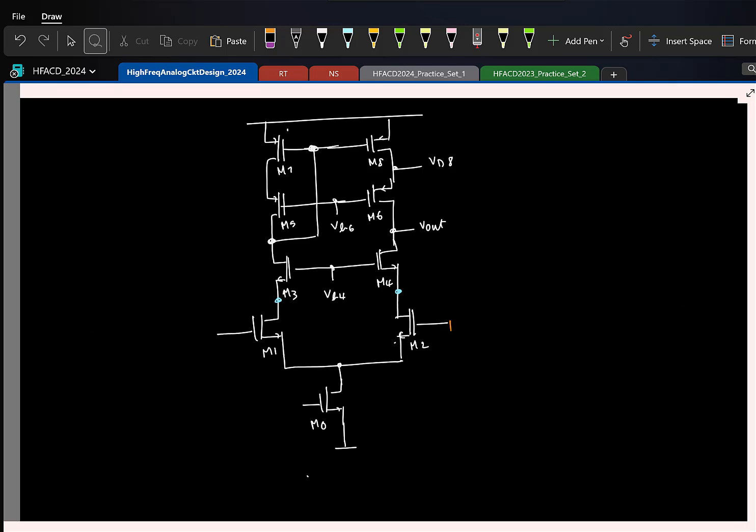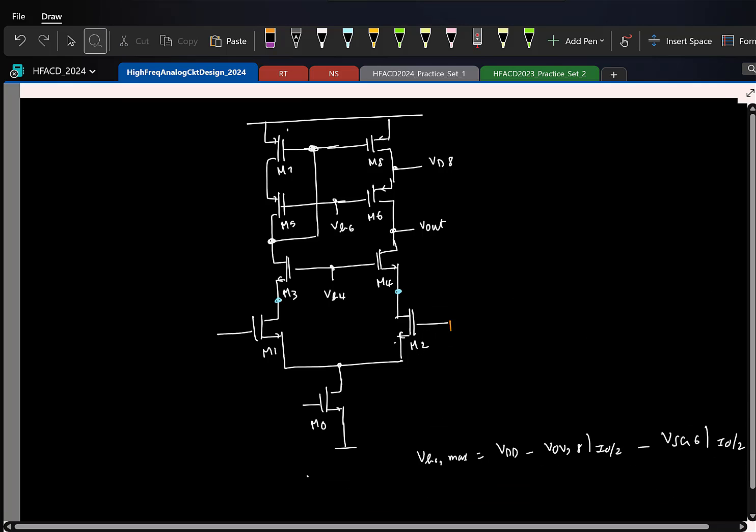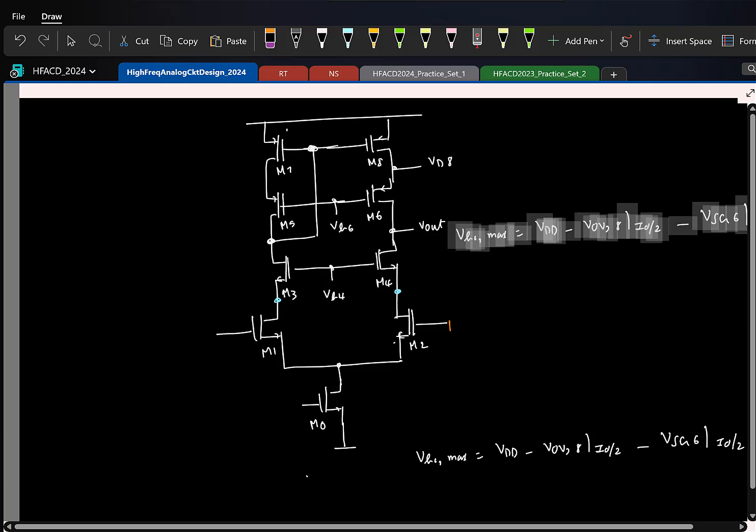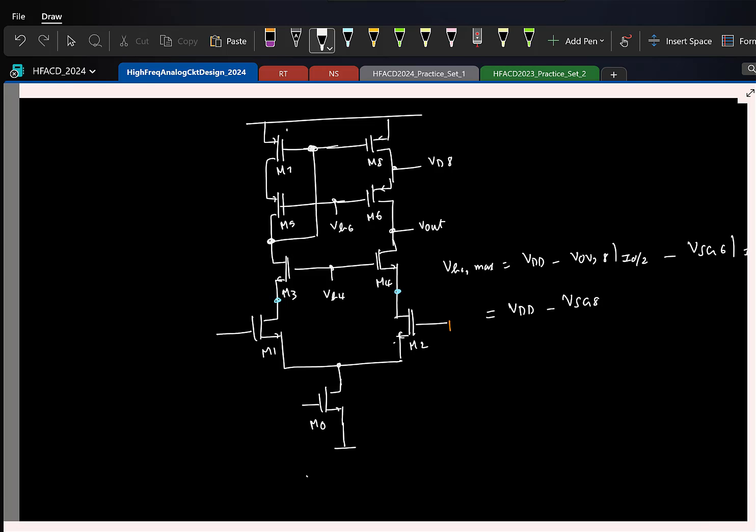Let me put it here. Let me actually try to slightly rewrite it. So I'll rewrite it like this: VDD minus VSG8 at a current I0 by 2 minus VSG6 at a current I0 by 2. Fine, same thing. Okay, so now can you suggest a way in which I can get this voltage?